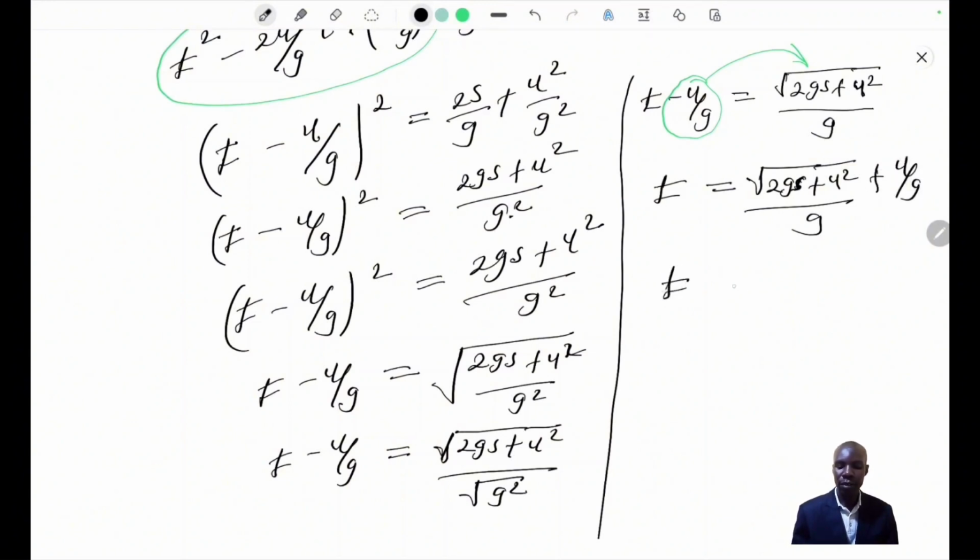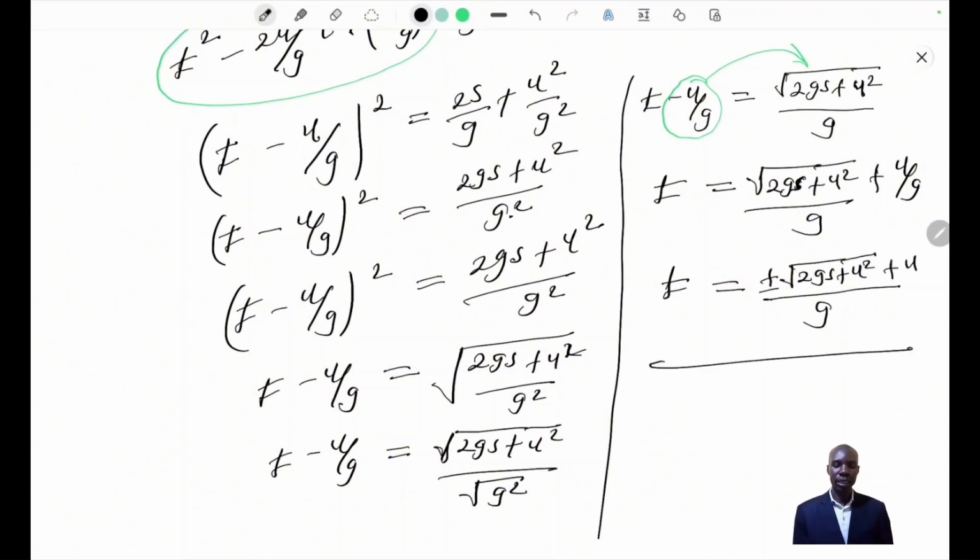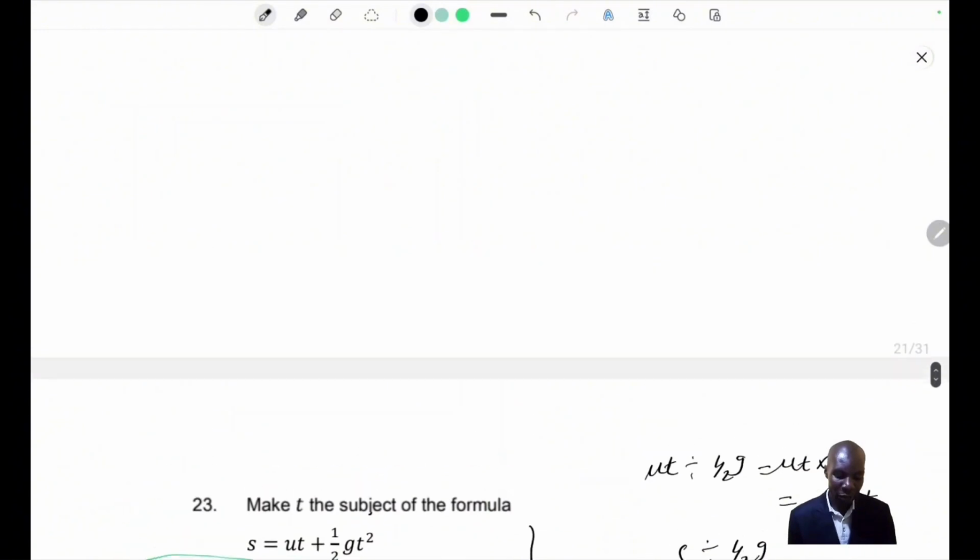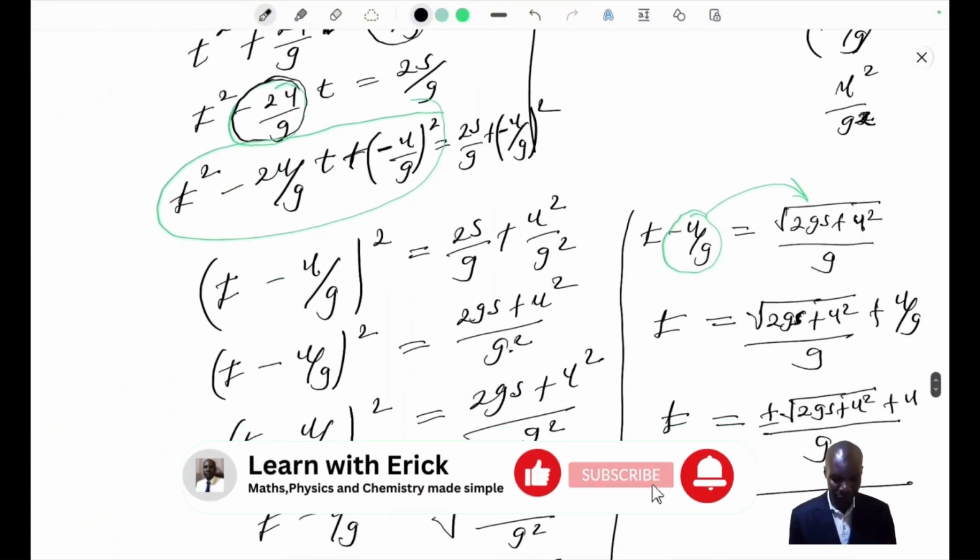So t alone is given by plus or minus the root of 2gs plus u squared, plus u, all over g. And that is how t can be made the subject from the formula that we have.